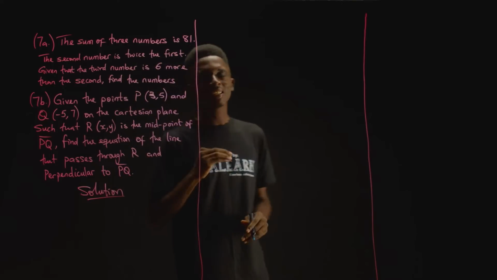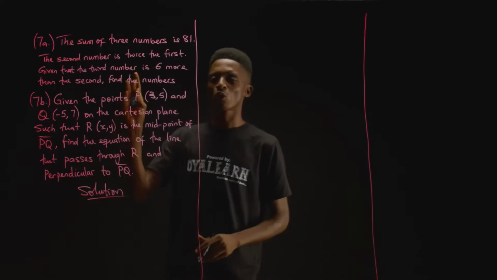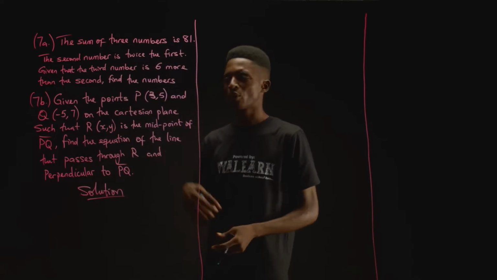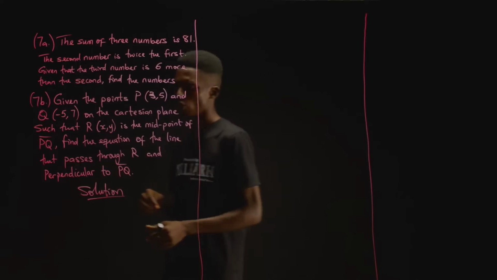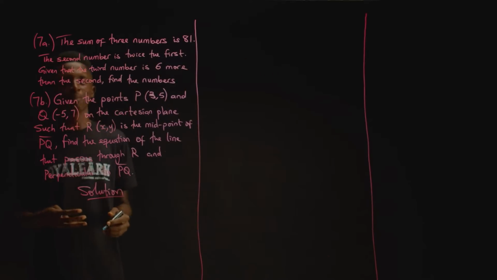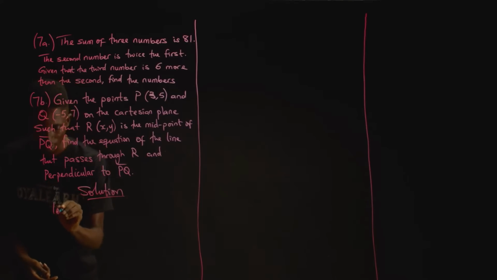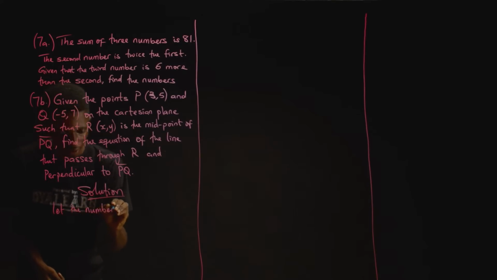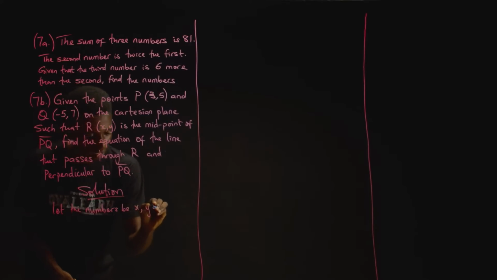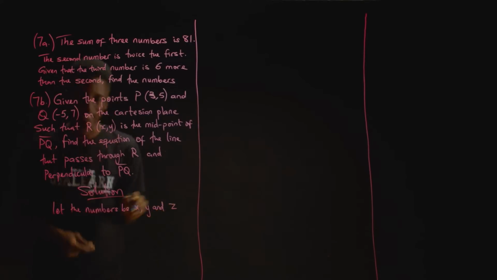Note that the proper interpretation of a question like this is the first step to solving it correctly. So we start by saying let the three numbers be x, y, and z.